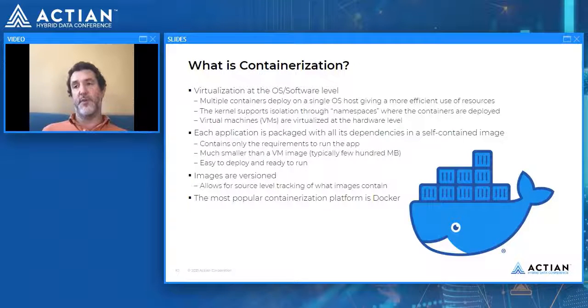Every time you build, pull in differences, you bump the version number, and you can tell very easily exactly which versions of any particular application a specific image is running. And then finally, the platform most popular for this at the moment is Docker. We use Docker extensively in Actian for both Avalanche and other products.